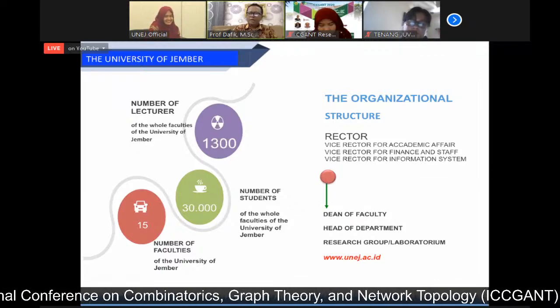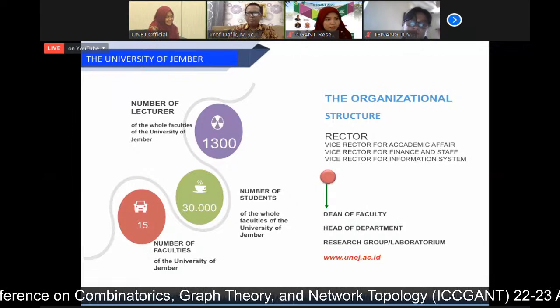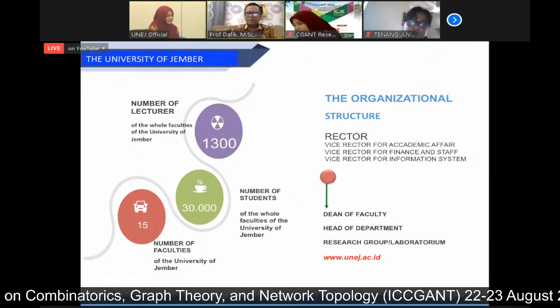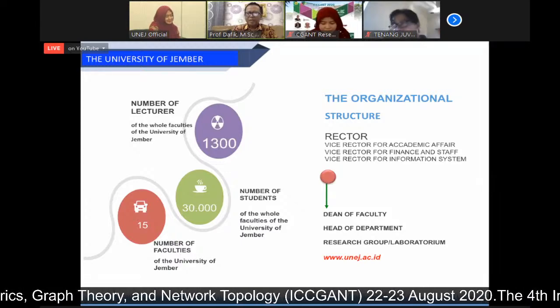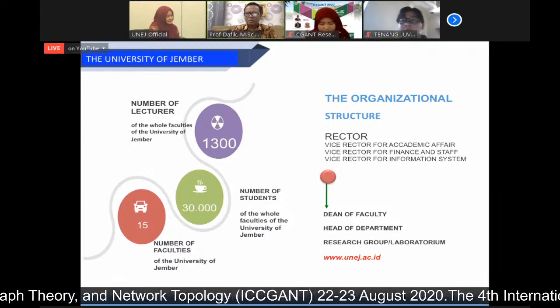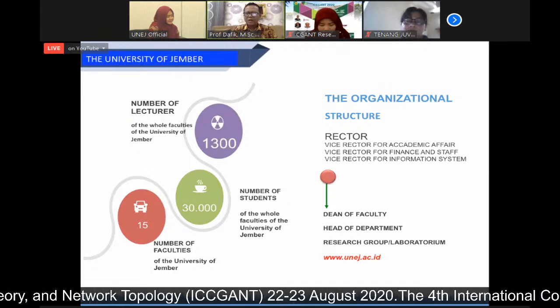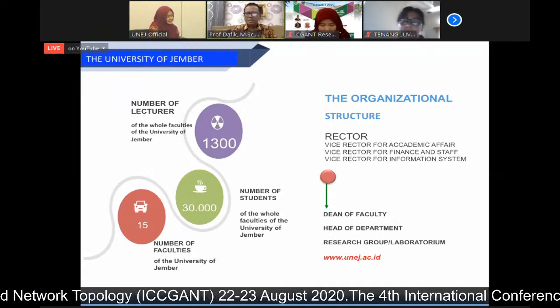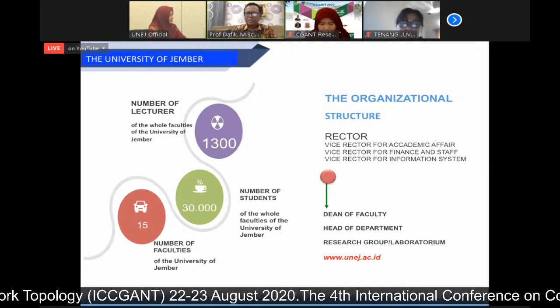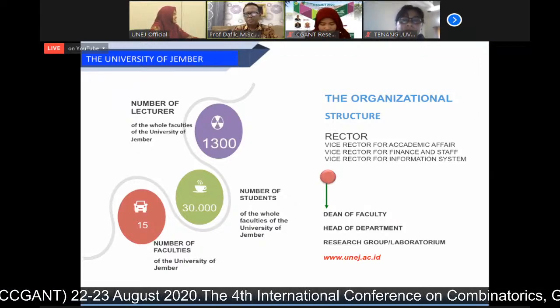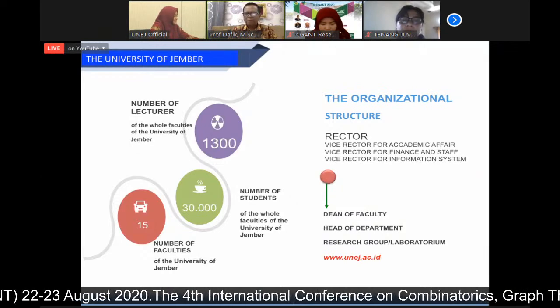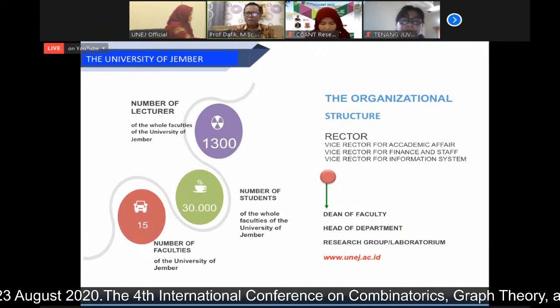As mentioned, this is an international conference on combinatorics. I also say sorry to the audience, since there are a lot of topics delivered by invited speakers, more in combinatorics.